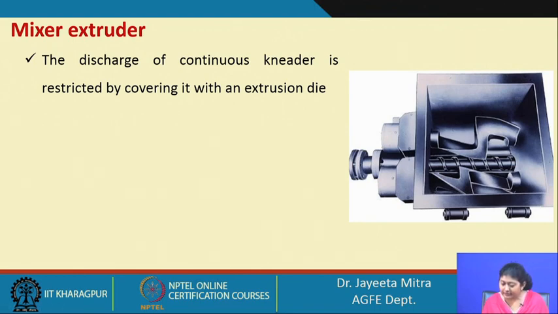Here also there is a central shaft which is again grooved, and two Z type blades are there. The discharge of the continuous kneader is restricted by covering it with an extrusion die. We have fixed a die, because otherwise, because of this motion, continuous discharge will take place. By fixing a die we are restricting that movement.